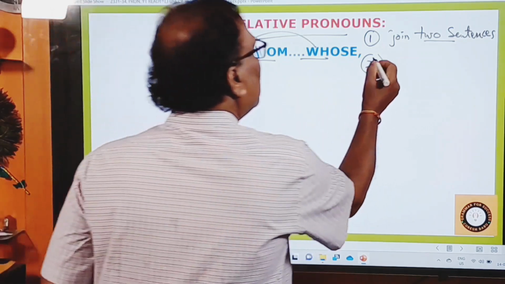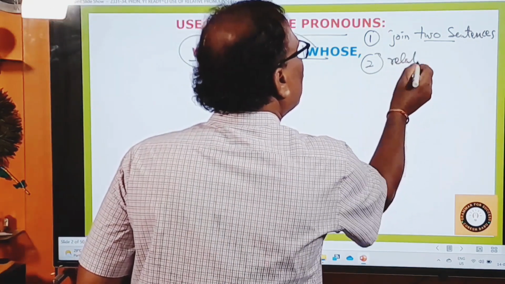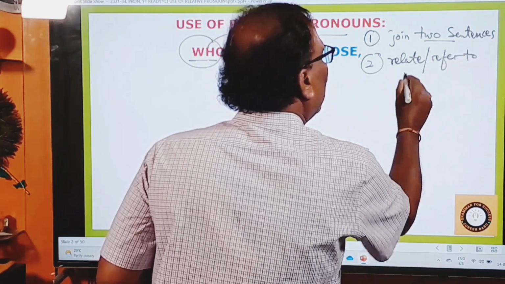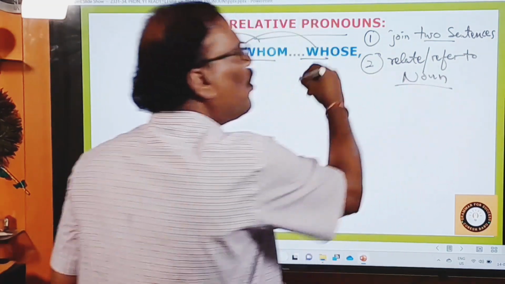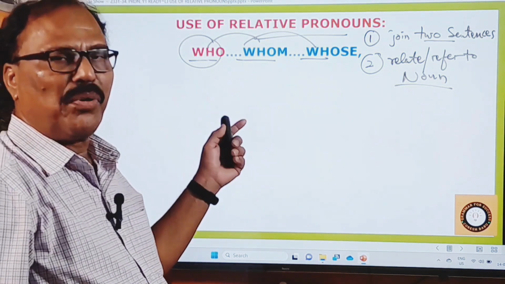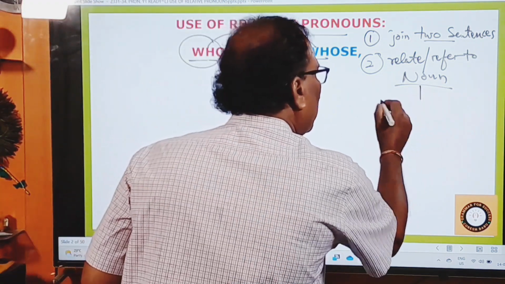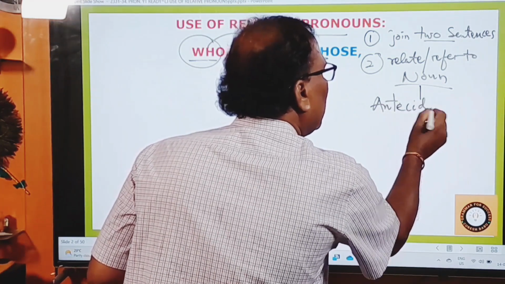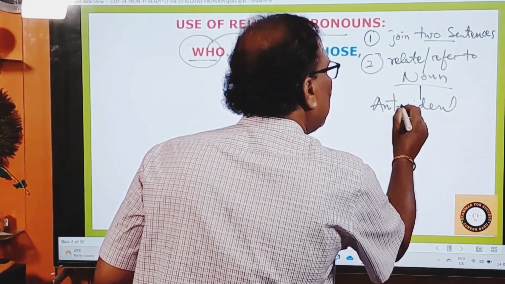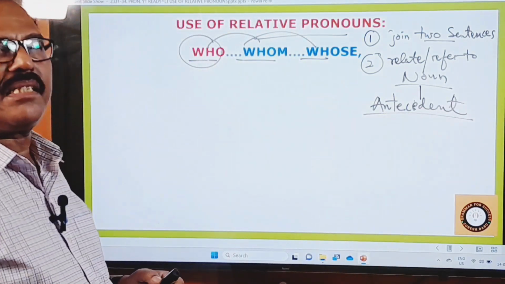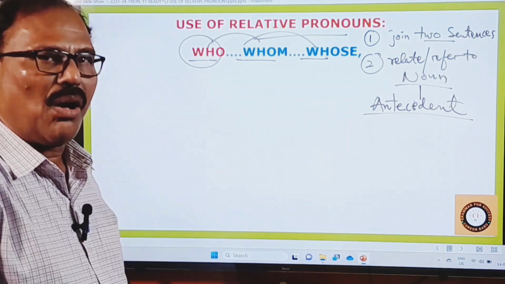The other action is, they relate or refer to the noun going before. They relate to the noun or refer to the noun going before, and that noun is called antecedent. Antecedent, that is the name given to that noun, right?